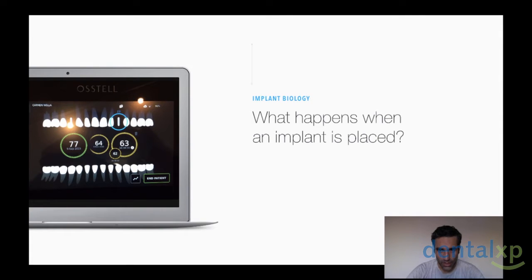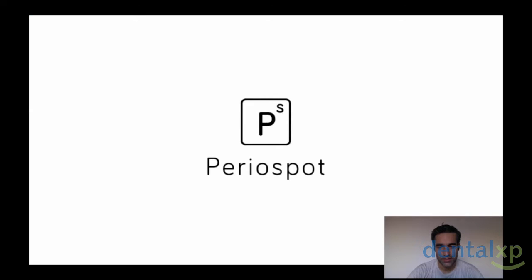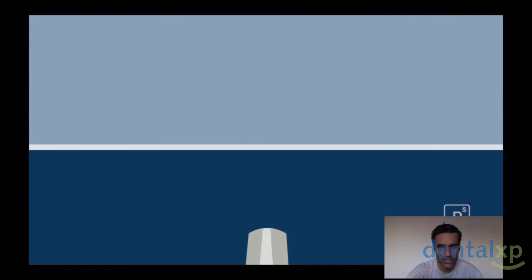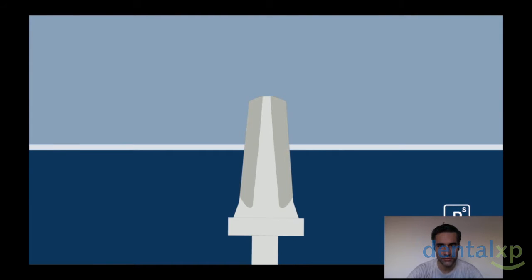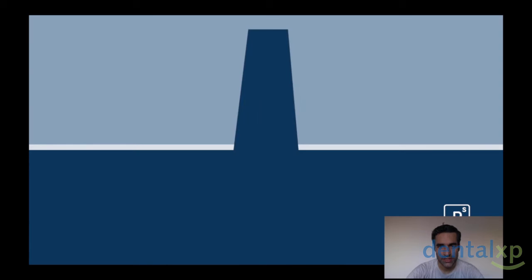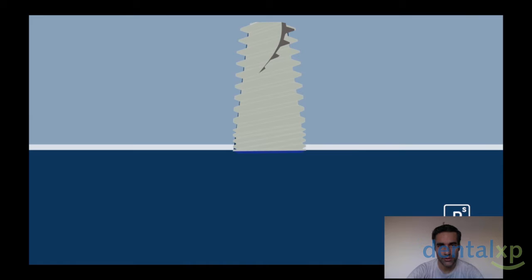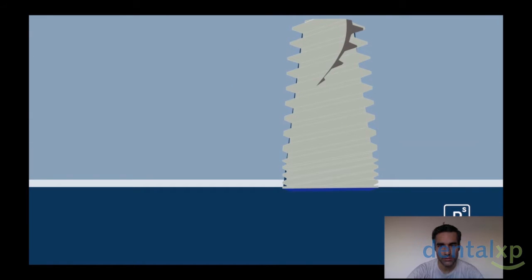Okay, what happens when an implant is placed? We have this animation where we can see that after we do a drilling, we place the implant, and the first thing that we will have around the implant will be a blood clot.